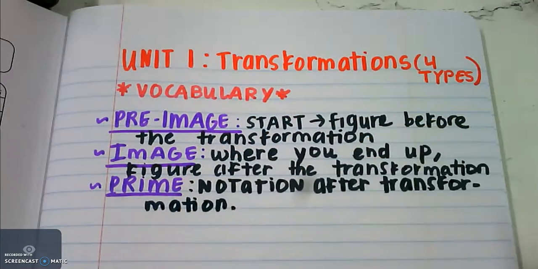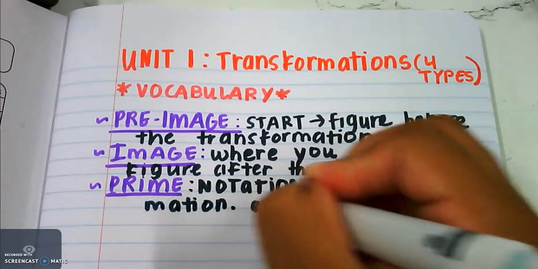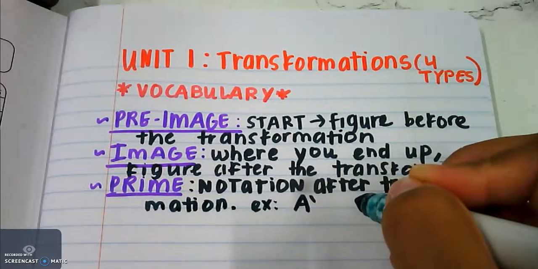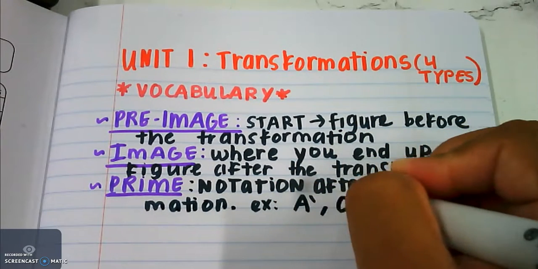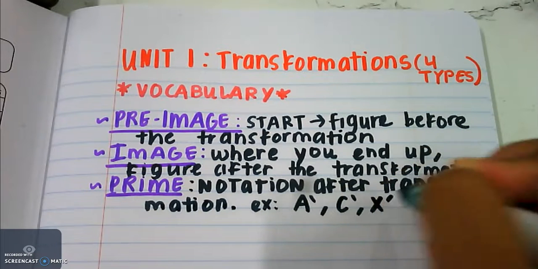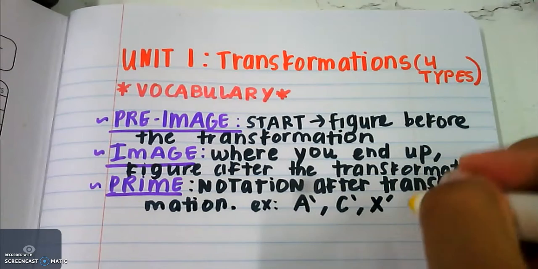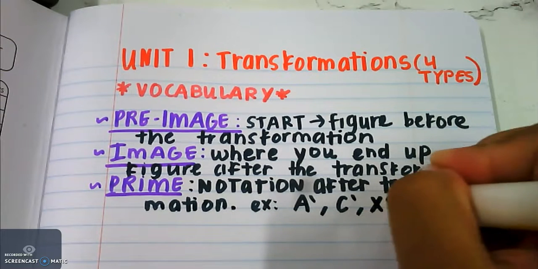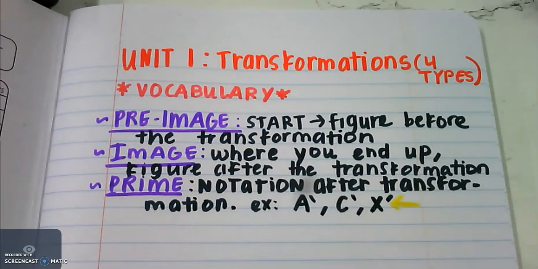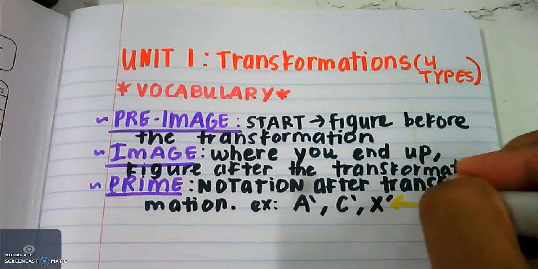So that would be an example. A prime, C prime, X prime. Now our apostrophe here, that represents the prime.